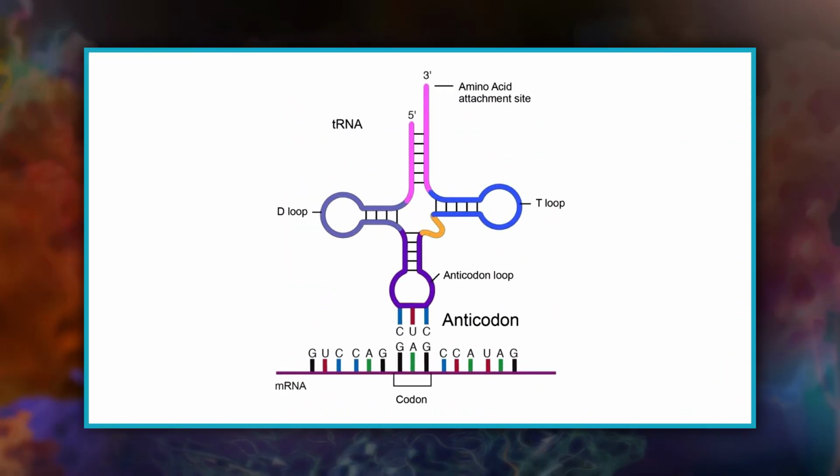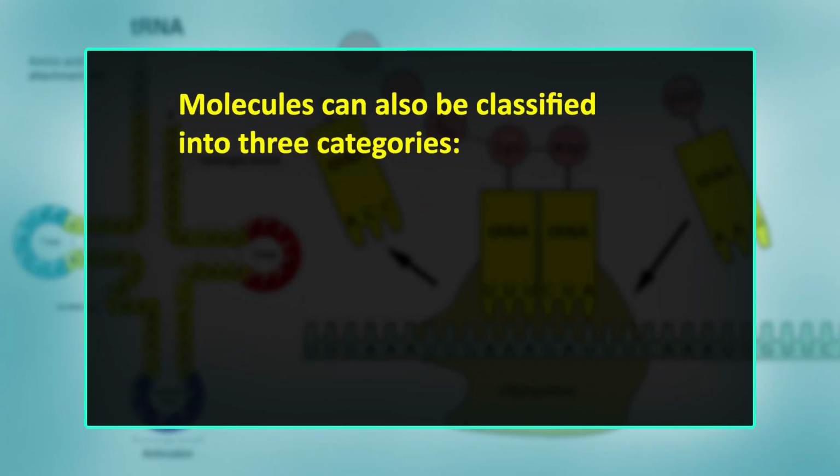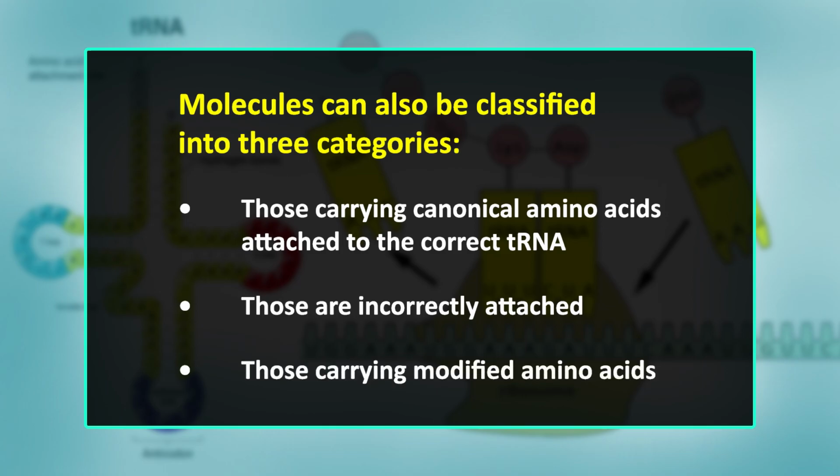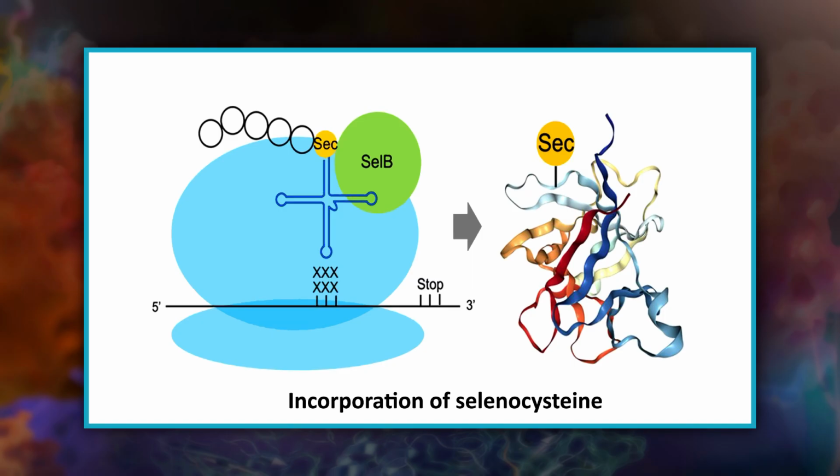This group of enzymes can recognize all the anticodons representing a particular amino acid and therefore acts as the second arm of the machinery that handles genetic code redundancy. Finally, these molecules can also be classified into 3 categories: those carrying canonical amino acids attached to the correct tRNA, those that are incorrectly attached, and those carrying modified amino acids such as selenocysteine for non-canonical elongation.